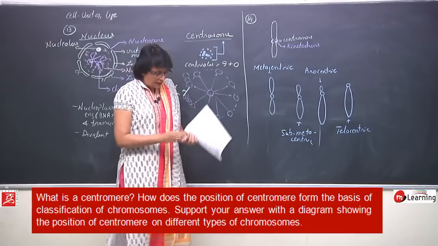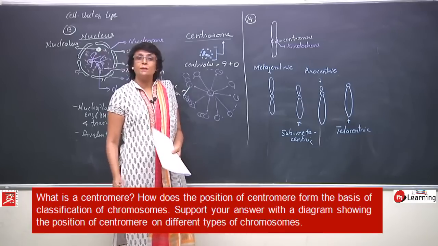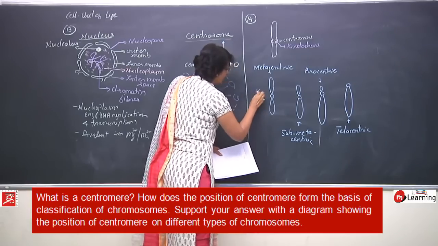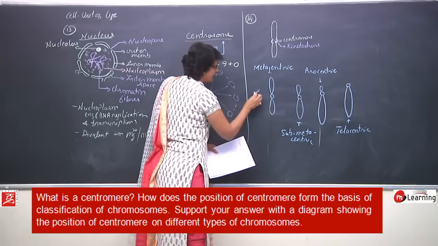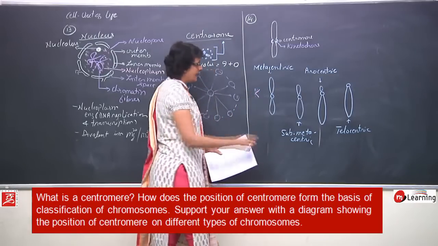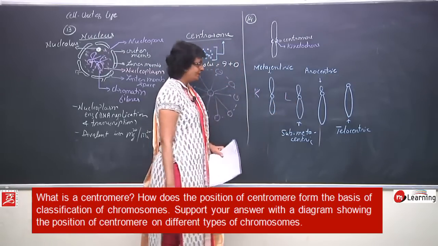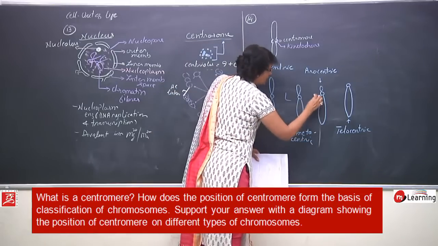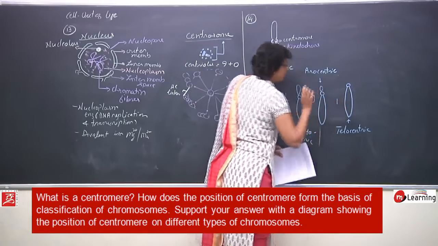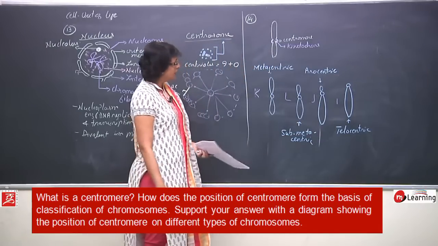We also discussed that these chromosomes are represented by some alphabets. Metacentric is drawn as alphabet K, submetacentric as L, acrocentric as J, and telocentric as I. So these are representations of these chromosomes.